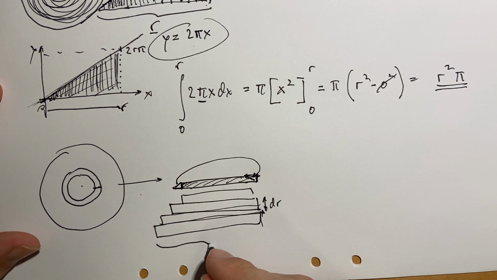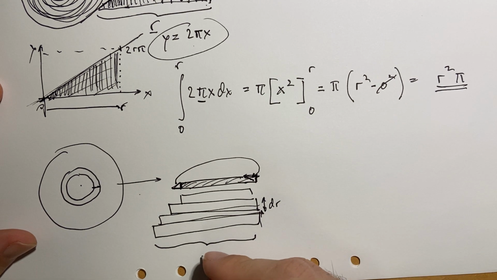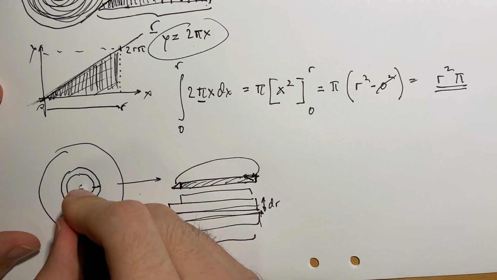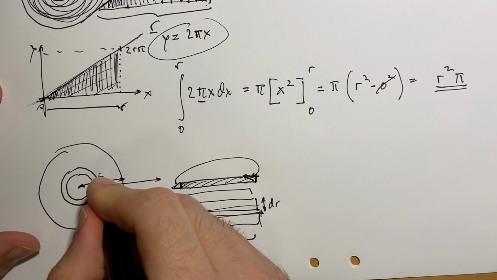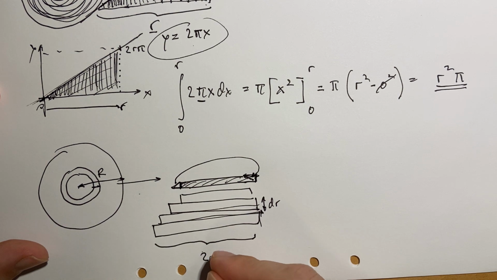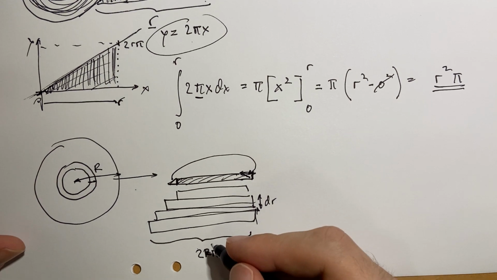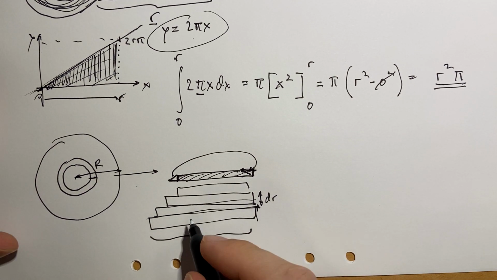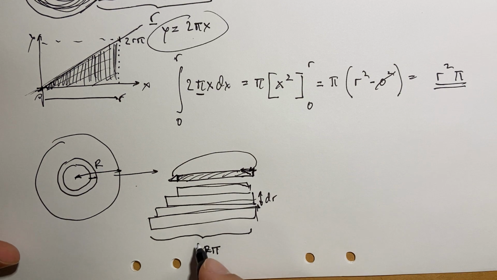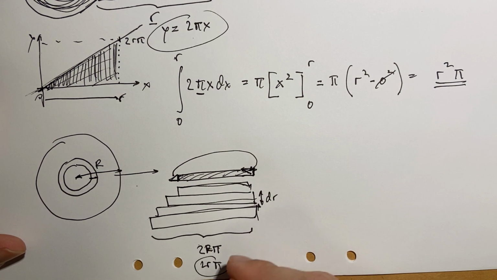And the biggest of these strings or rectangles with an infinitely small width, if we set this radius to r, would have the length of 2r pi. But an arbitrary rectangle would have the length of 2 small r pi.